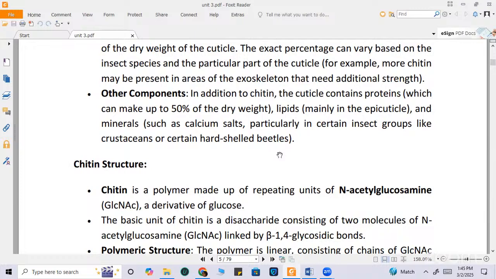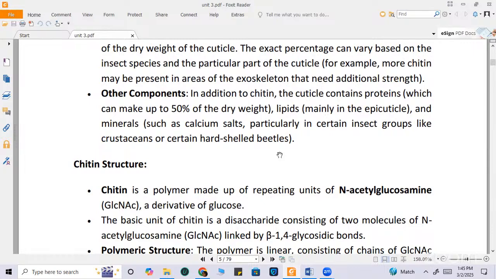The basic unit of chitin is a disaccharide, which consists of two molecules of N-acetyl glucosamine. One N-acetyl glucosamine is a monosaccharide. If two are present, it is a disaccharide. If more than two are present, it is a polysaccharide. When two molecules of N-acetyl glucosamine combine, they form a disaccharide, which is the basic unit of chitin.